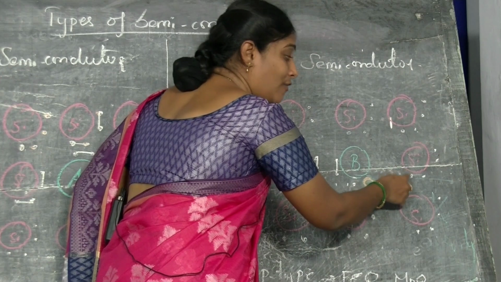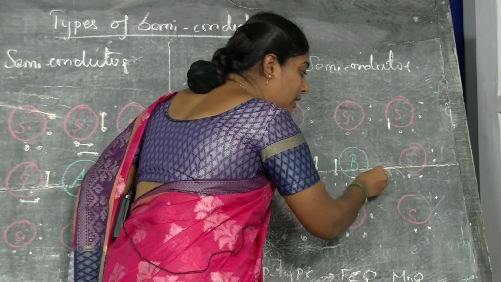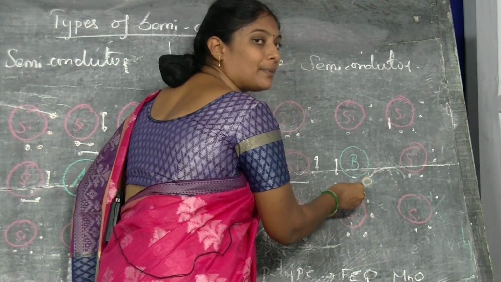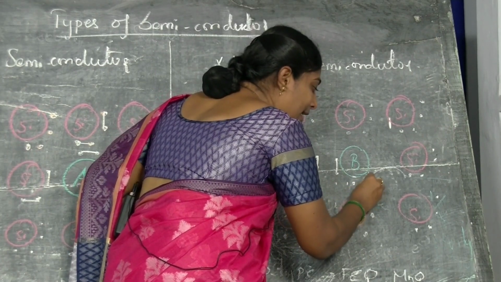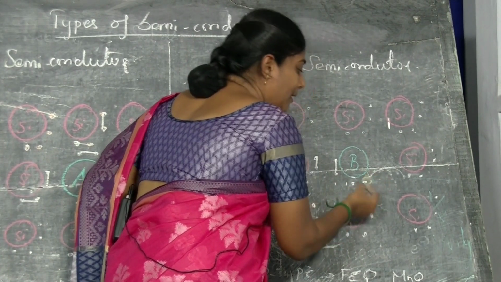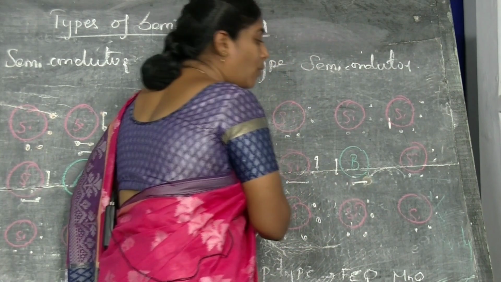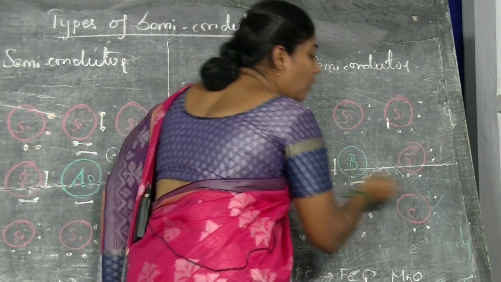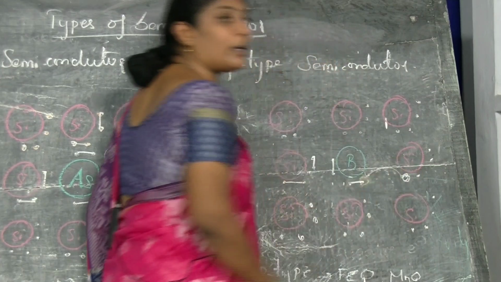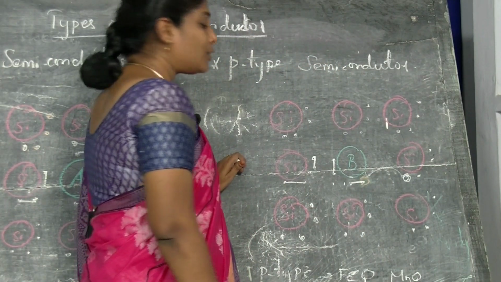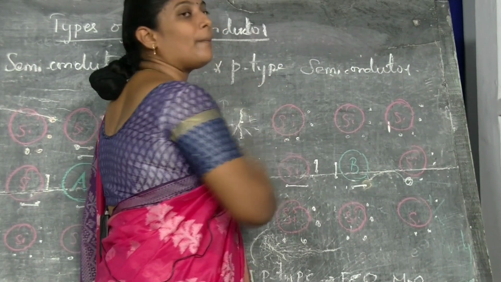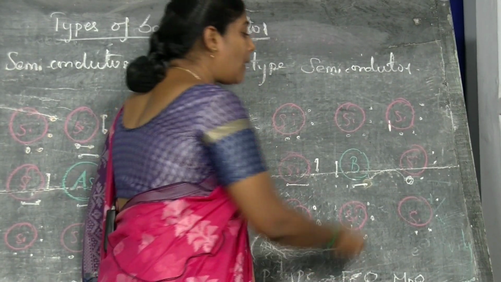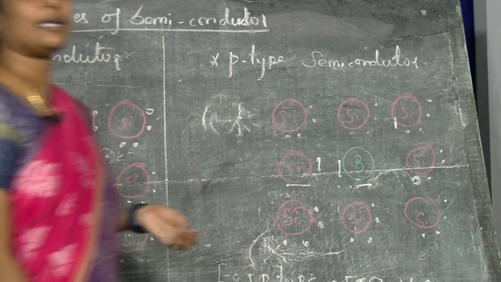Actually, the electron from the silicon will move here to fill this gap. At that time an electron will come here and make a bond. What happens here? A hole will be produced. So it will go on like this, right? So this is nothing but a P-type semiconductor, a positive hole semiconductor.